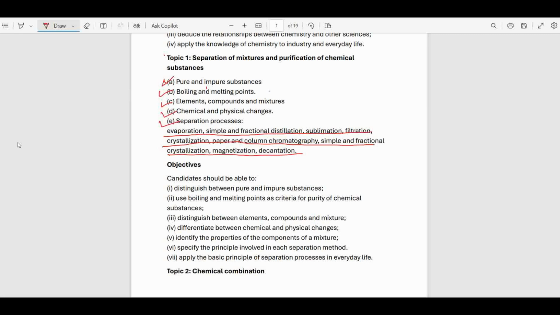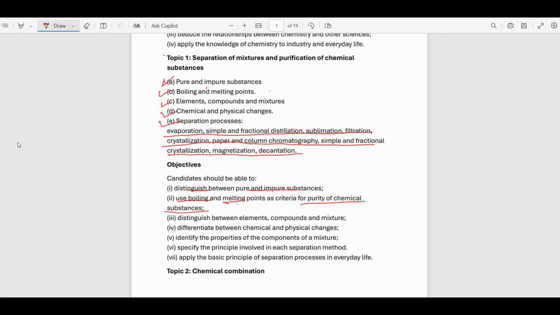And the objective of the syllabus is that you are able to distinguish between pure and impure substances, and also be able to use boiling and melting point as the criteria for purity of chemical substances.